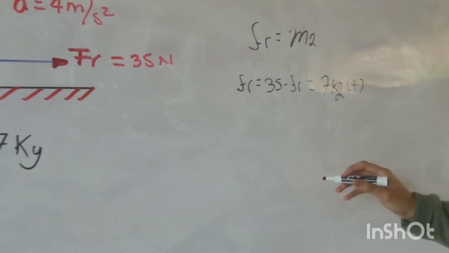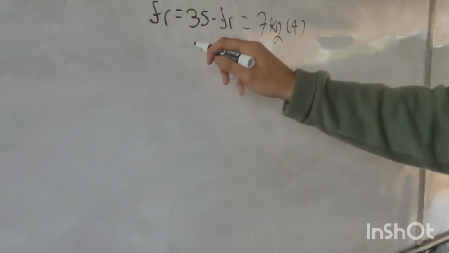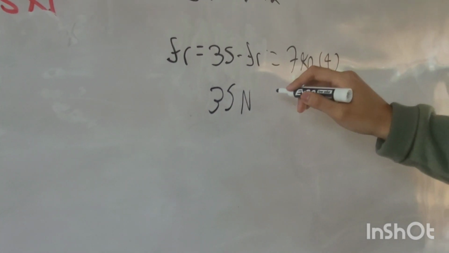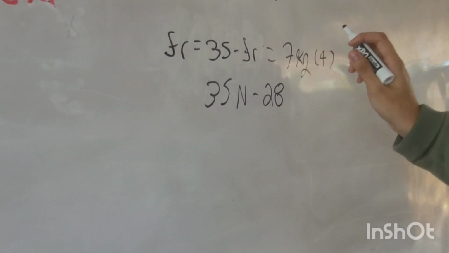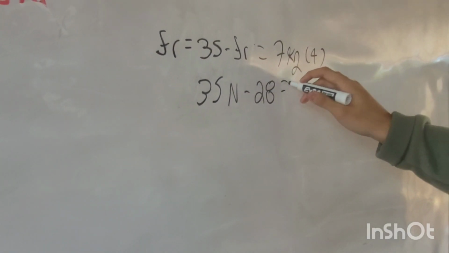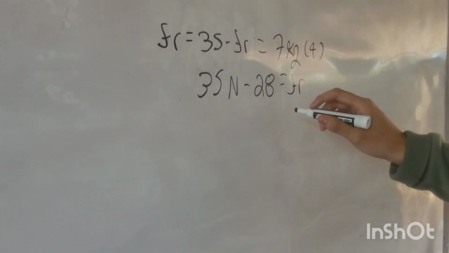Okay, so to continue, we just have to put here our net force 35 newtons minus 28, that is the multiplication between 7 times 4, 28, and here we put the friction.